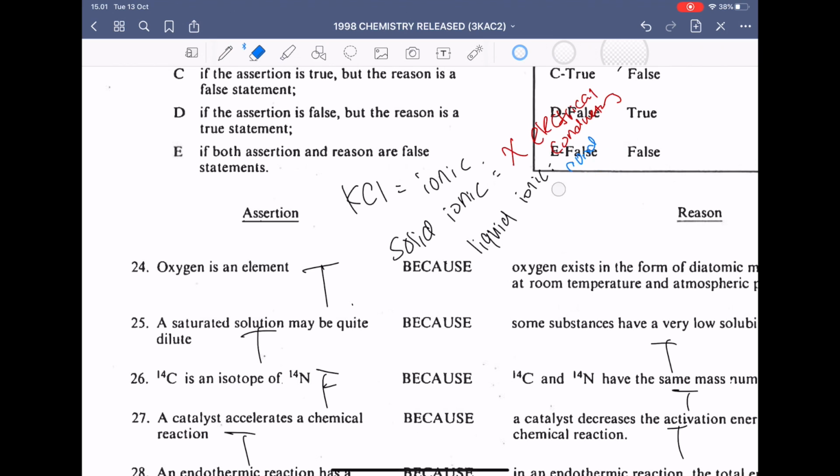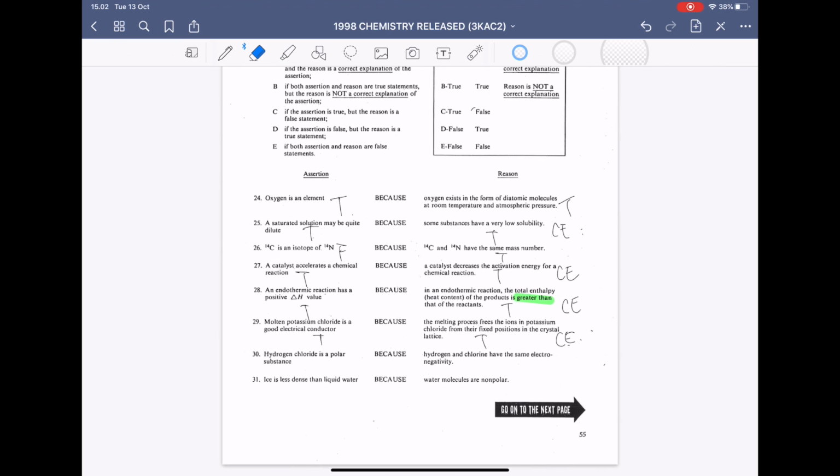So in this case, the first statement would be true because it says molten potassium chloride, and that's because potassium chloride is an ionic compound made out of the K plus cation and the Cl minus anion, and when they're melted, let's say we have molten KCl, the solution will basically be rich in K plus and Cl minus ions. That's what happens when an ionic substance melts, so that's also true.